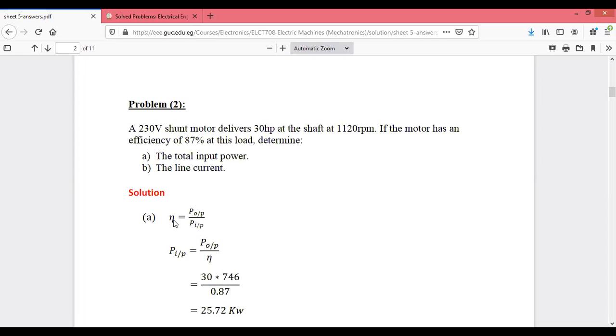So we can calculate the efficiency as output power upon input power. They have given 87%. They have given output power also, because they have given that the shunt motor delivers 30 HP. Now you are supposed to find the line current, which is nothing but the armature current, and the total input power.